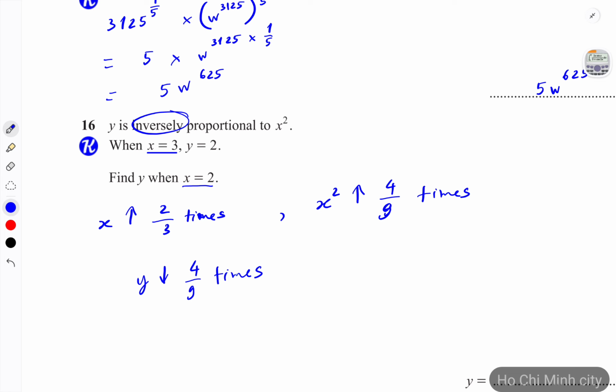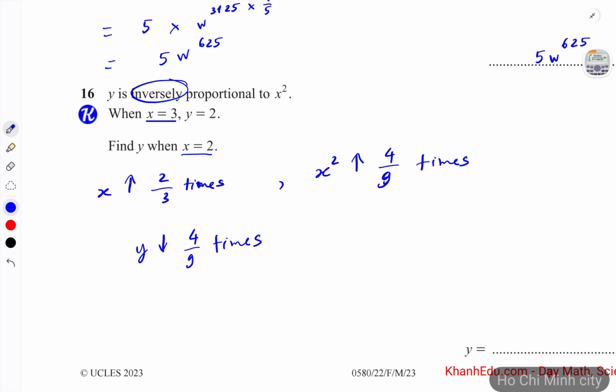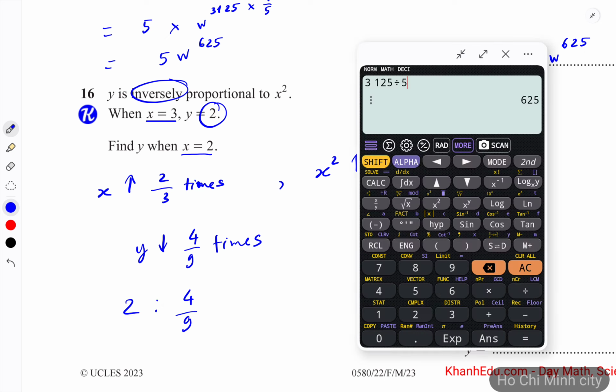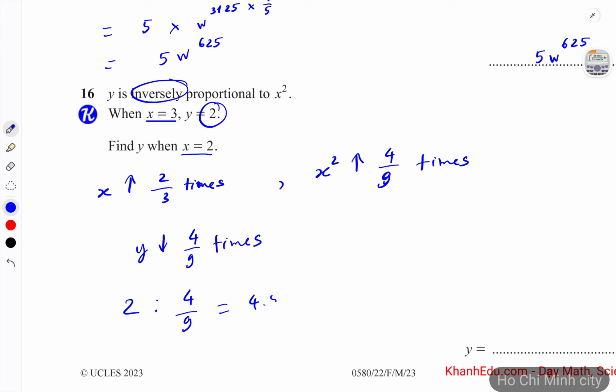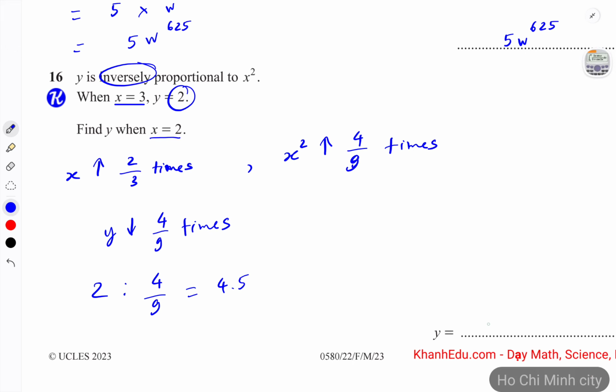All right, so now the new value of y is going to be 2 divided by 4 over 9, and we have 4.5. So 4.5 is going to be the value of y.